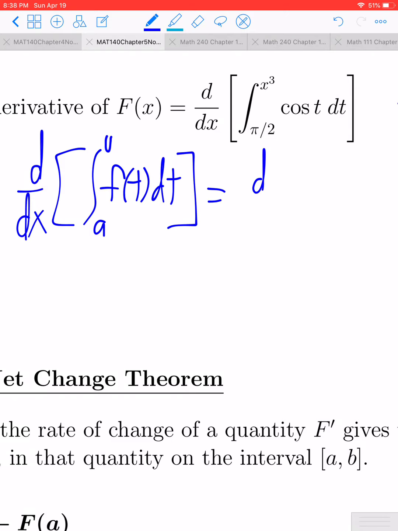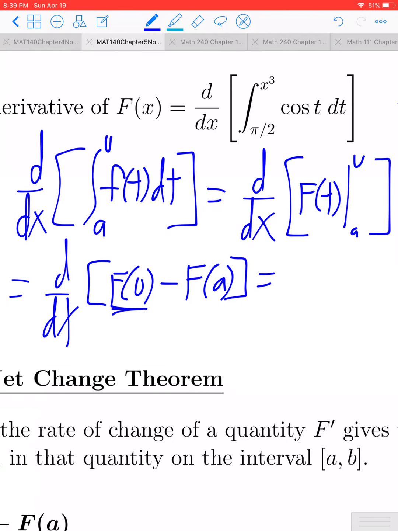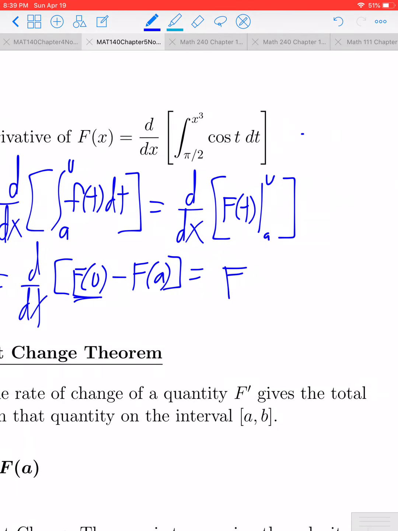If I am able to find an antiderivative for little f, we'll call that capital F of t, that would now be evaluated from a to u, which would be equal to d dx of F evaluated at u minus F of a. This is our chain rule. It's simply the derivative of the outer function, leave the inside function alone. But then because u is a function of x, you would need to multiply by du dx, and then minus 0.